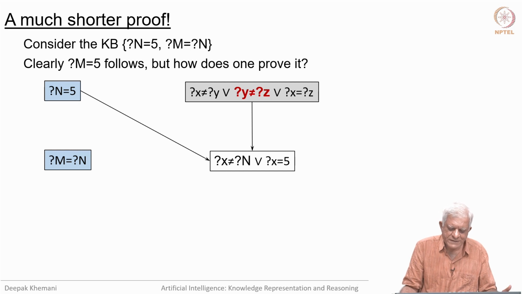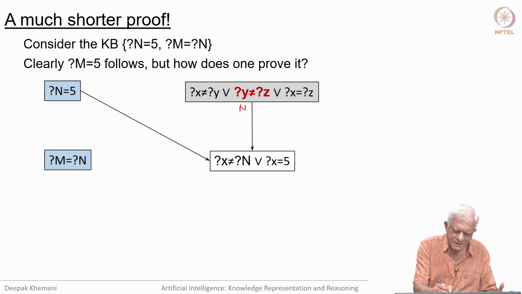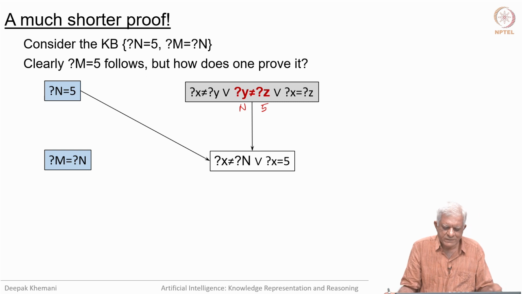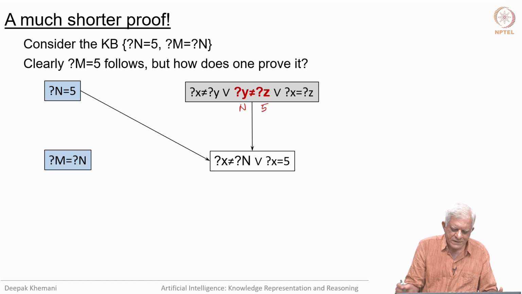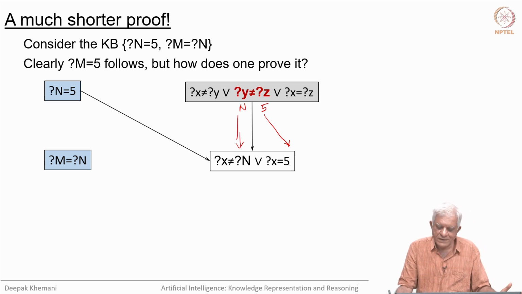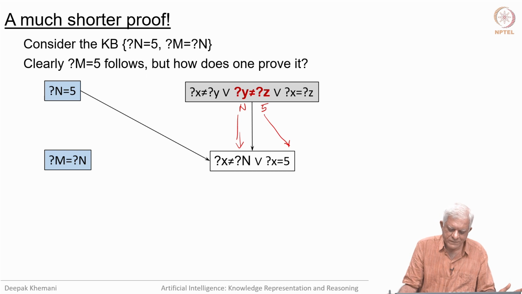So, instead of matching with x not equal to y, if we match it with y not equal to z, then you can see that y will match with n and z will match with 5, and we will eliminate that, and what we will get is this n has come here and this 5 has come here. So, we get x not equal to n or x not equal to 5.